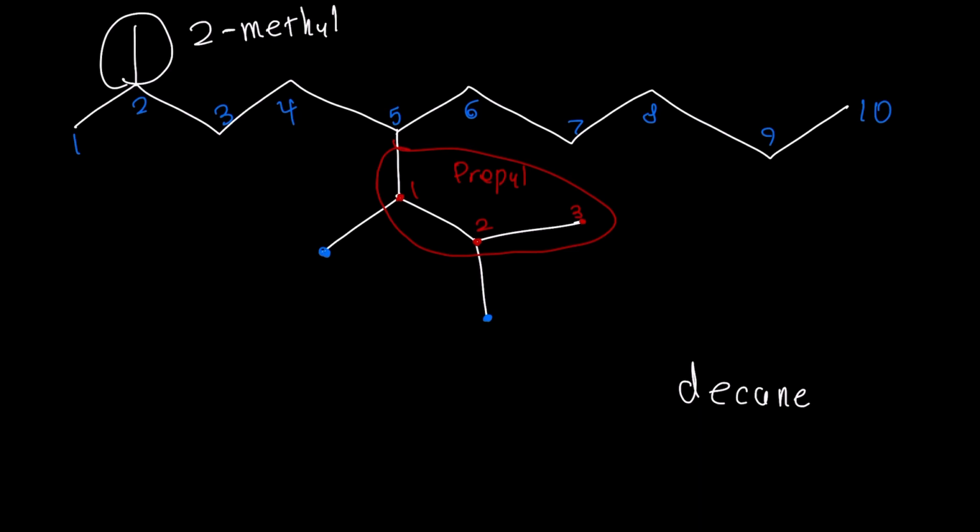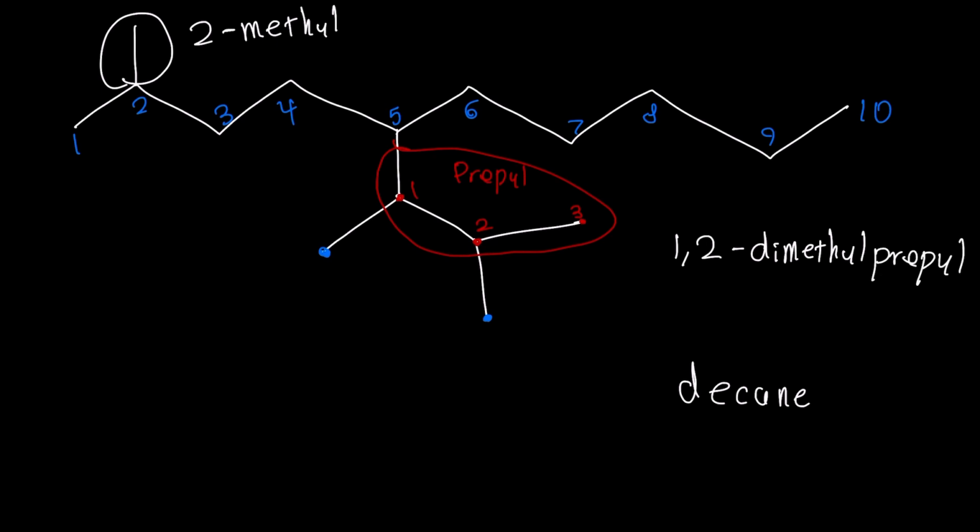So if you want to name this substituent in and of itself, you are going to go like this. You're going to write 1, 2, because the methyls are on 1 and 2. So 1, 2 dash dimethyl, and then propyl.